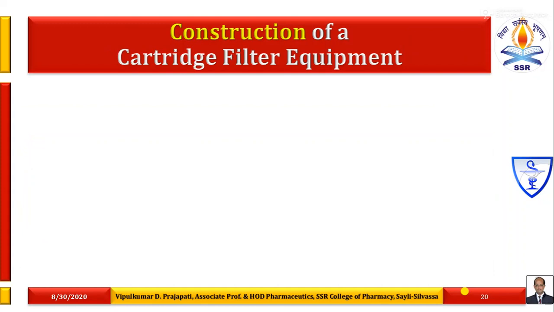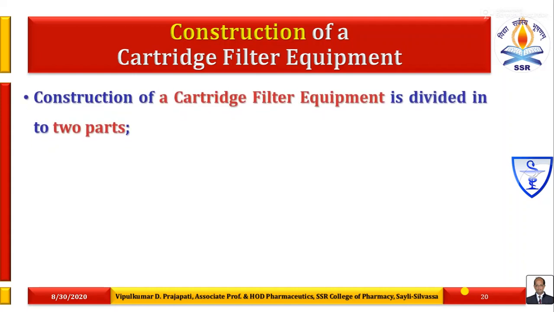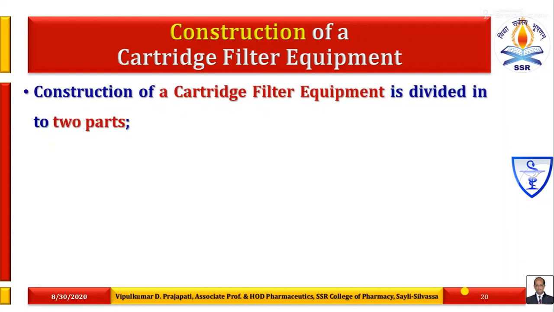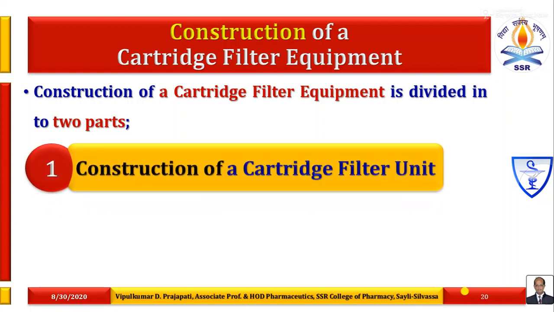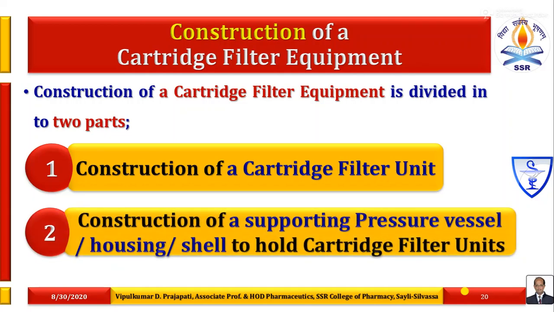Now we are discussing the construction of cartridge filter equipment. Construction of cartridge filter equipment is divided into two parts. The first part is the construction of a cartridge filter unit, that is the cartridge filter element, and the second part is the construction of the supporting pressure vessel, in which a number of cartridge filter units or a single cartridge unit is assembled.